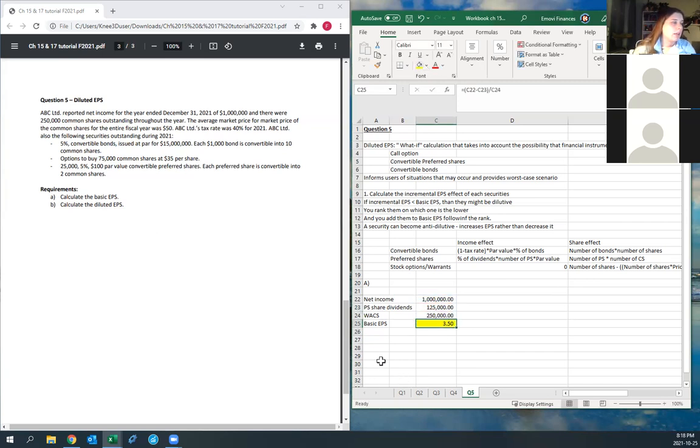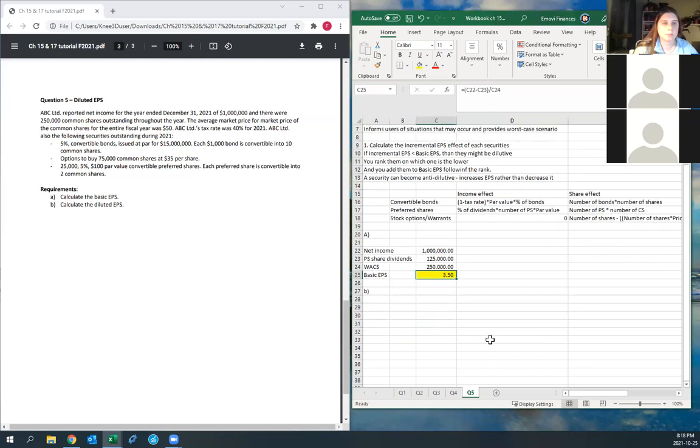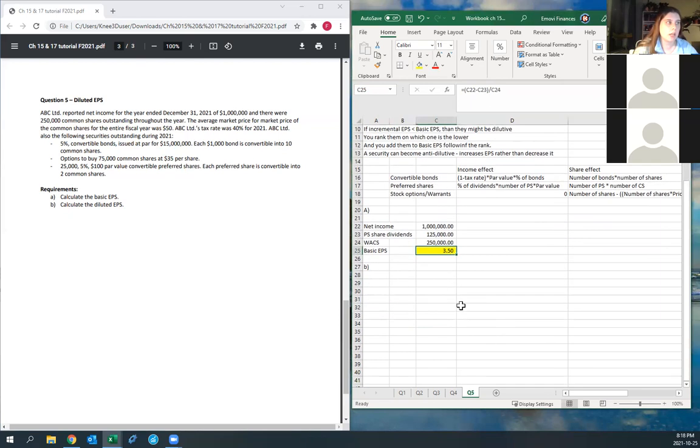All right, and then for the diluted EPS, you're going to compare everything to your 3.5 here. So if the incremental EPS that we're going to calculate for each of them is lower than 3.5, then it might dilute it.